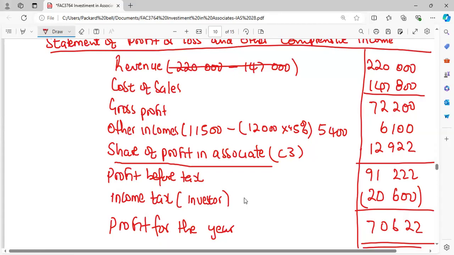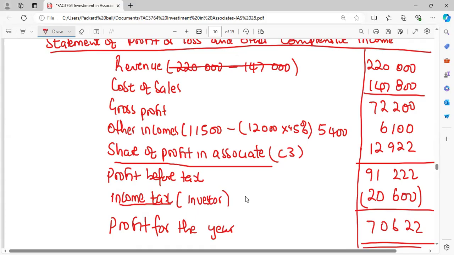So if the investor is the one who made a profit, then this income tax, we're going to adjust it. But now, in our case, because the associate is the one who made the profit, we only have to adjust it under the calculation for share of profit in associate. We don't bring it here. We only do it in the calculation for the share of profit in the associate, because the associate is the one who made the profit.